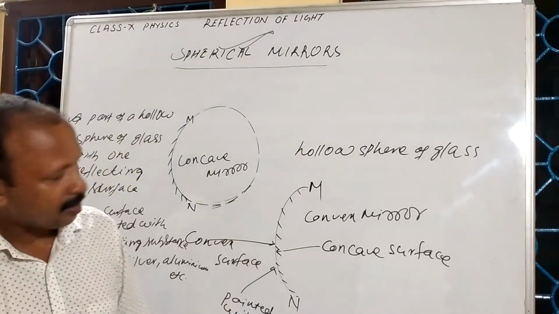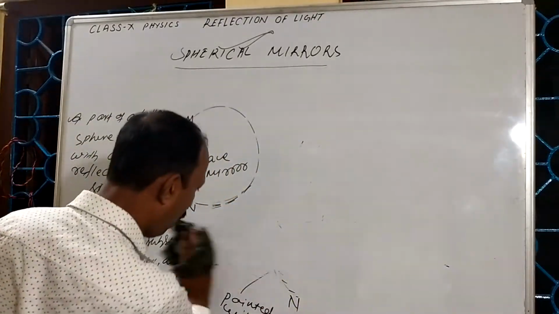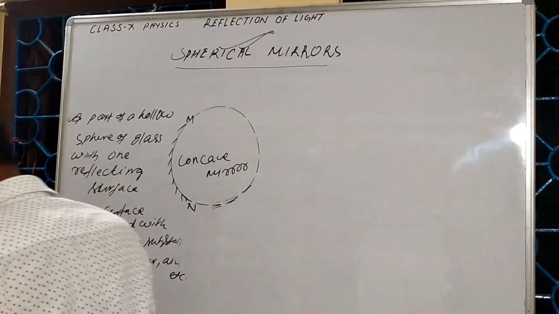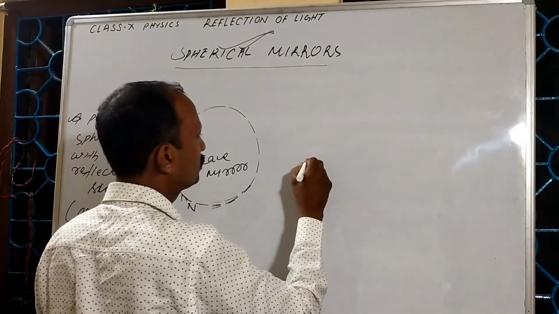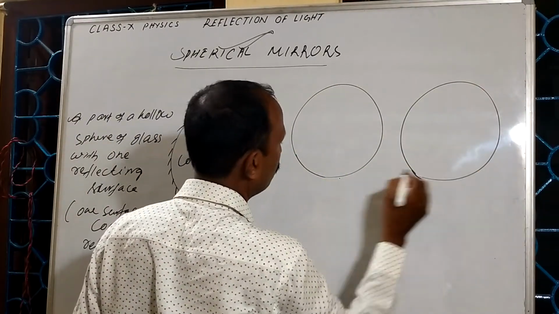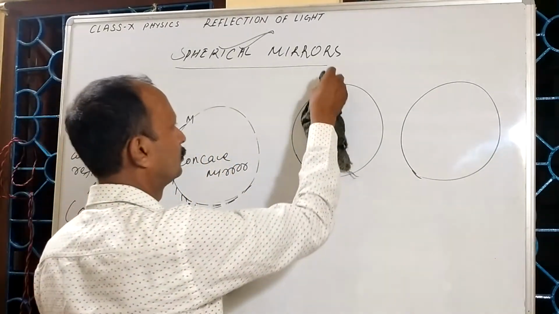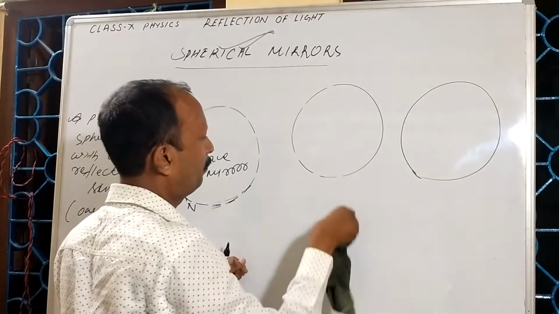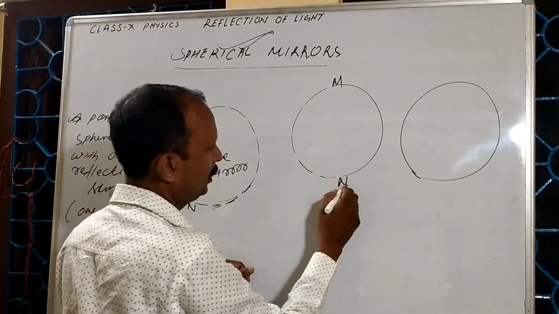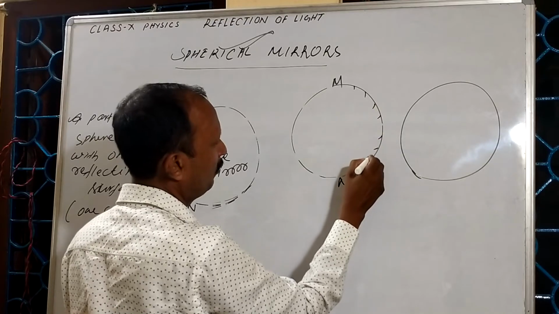So spherical mirrors, as already said, are of two types. One is the concave mirror, one is the convex mirror. You see that? Okay. Now I have taken a part MN of the hollow sphere. Now this surface is coated with silver.